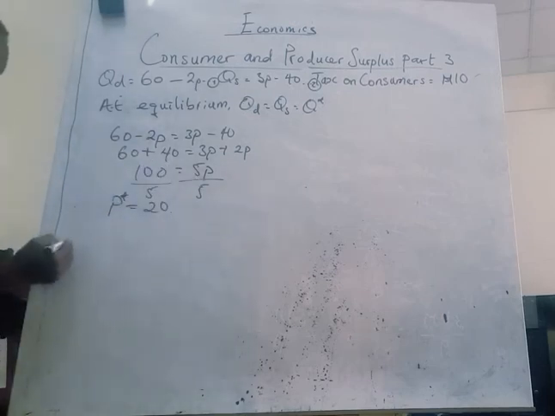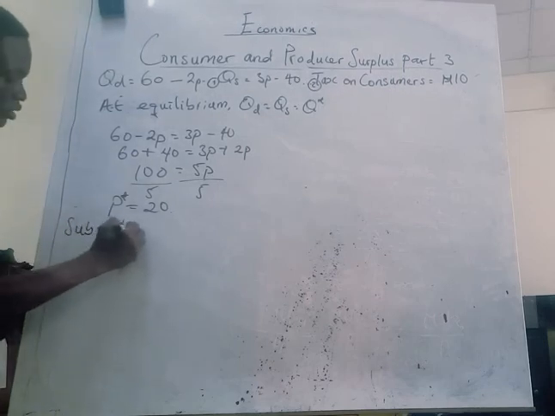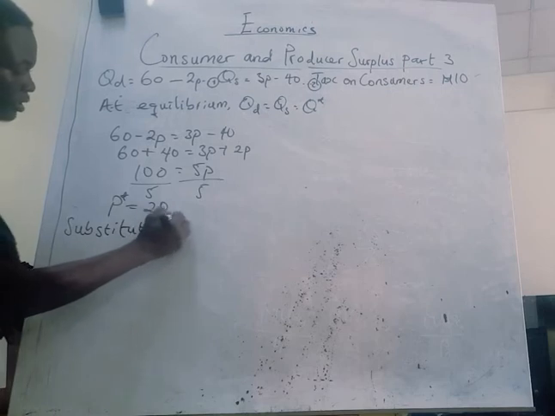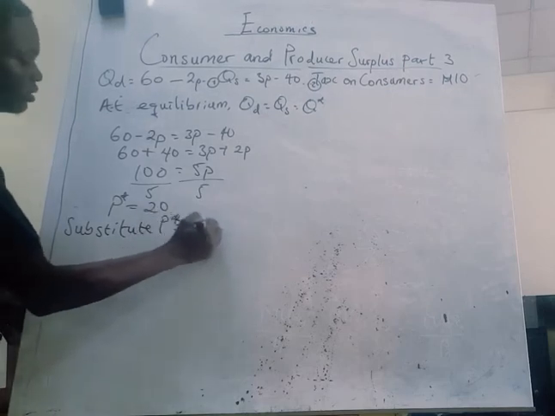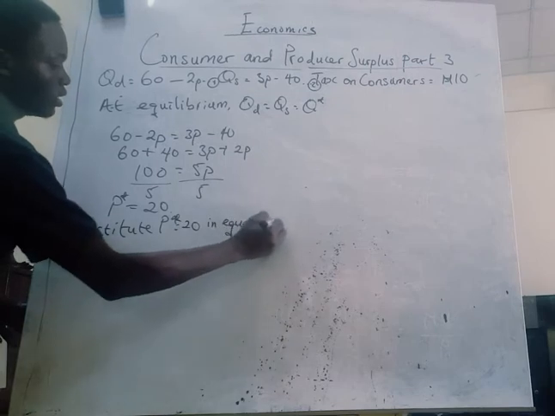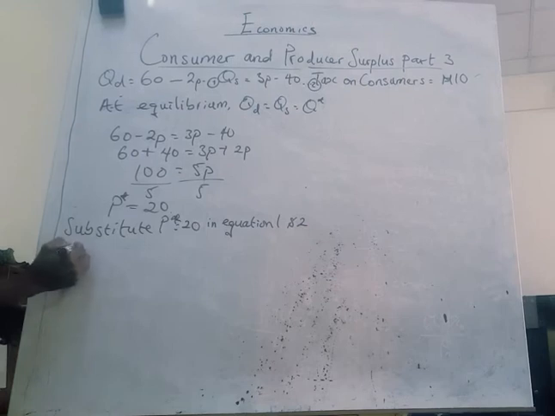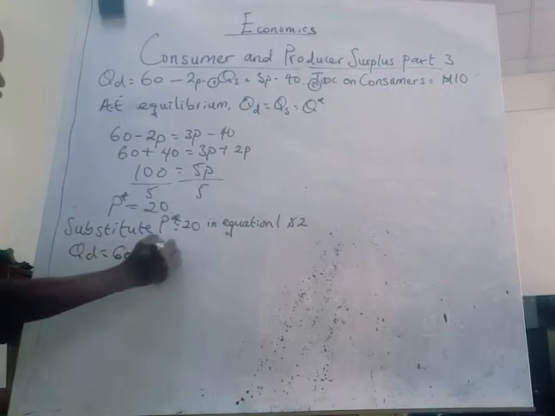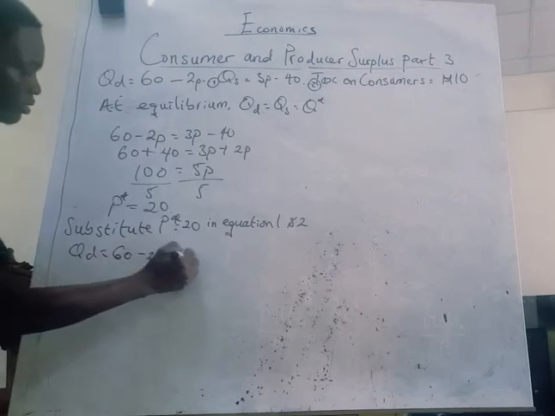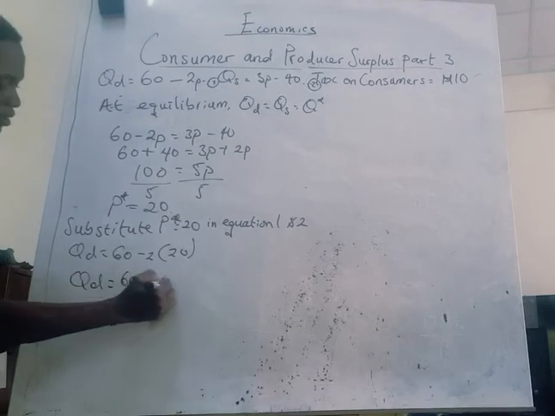For example, let's substitute p star equals 20 in equations 1 and 2. So this is equation 1. We just have QD equals 60 minus 2 into brackets 20, and then QD is equal to 60 minus 40.